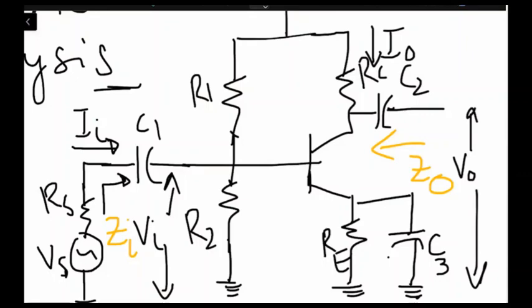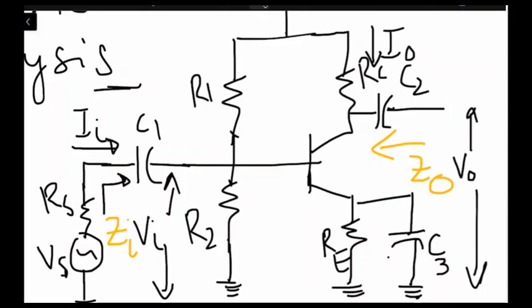So all the things which we have done in the last chapter need to be done first, and then we will do the actual AC analysis, right?